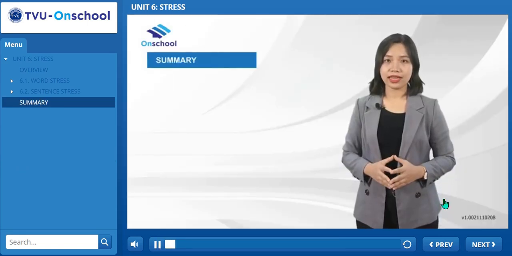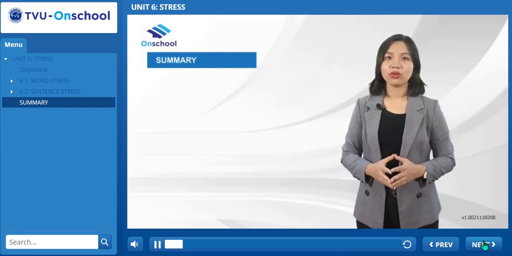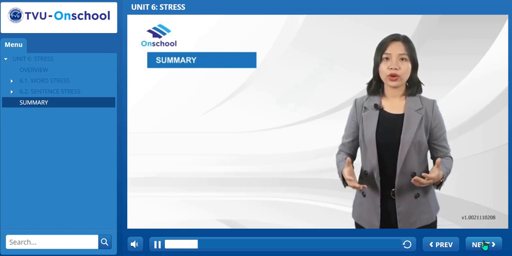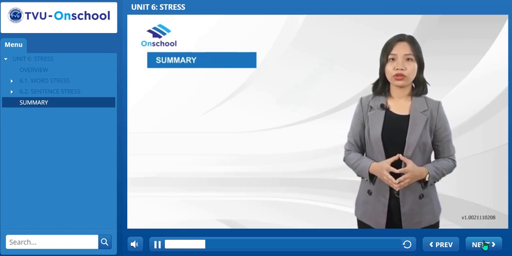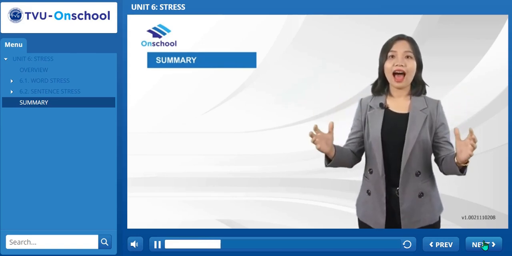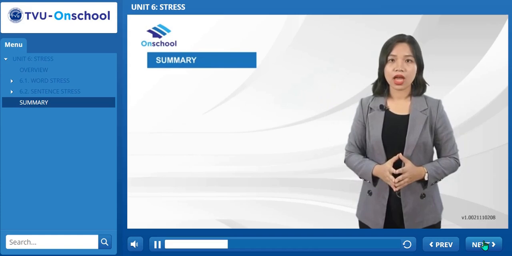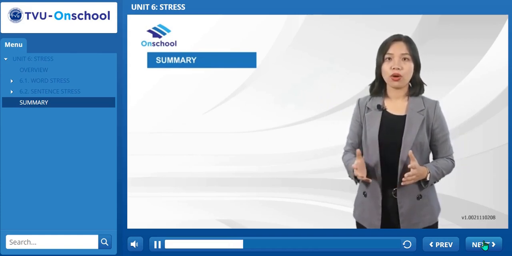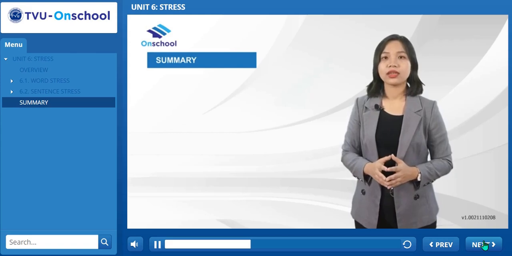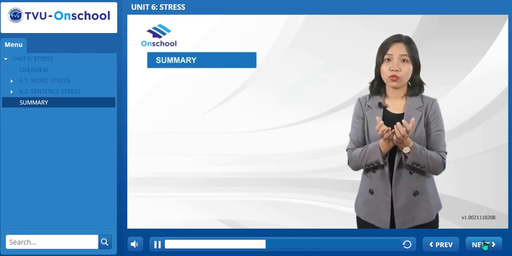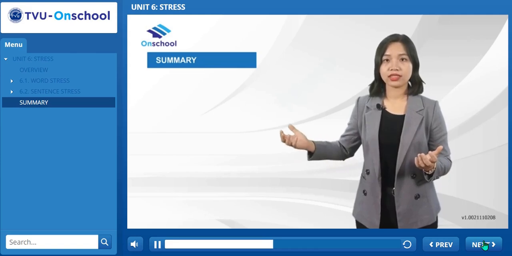Okay, so in this lesson, we have talked about word stress and sentence stress. We stress a syllable or a word by saying it louder, longer, and higher in pitch. A word having 2 syllables or more has 1 stressed syllable. A compound word may have 1 or 2 stressed syllables.